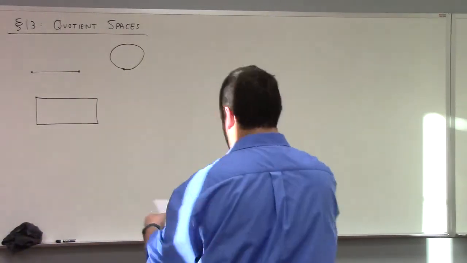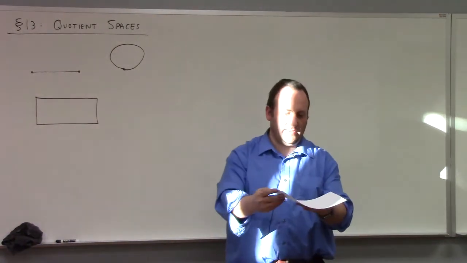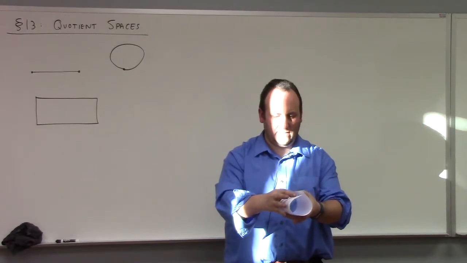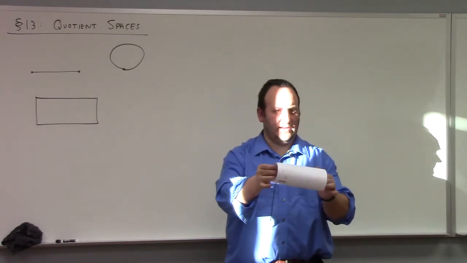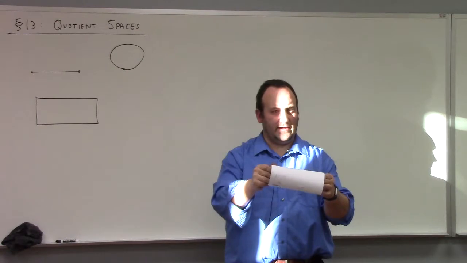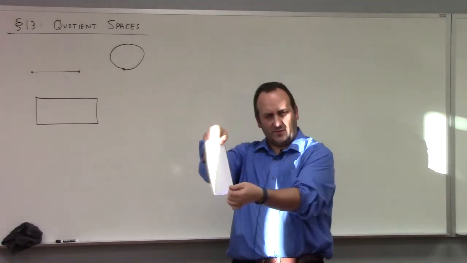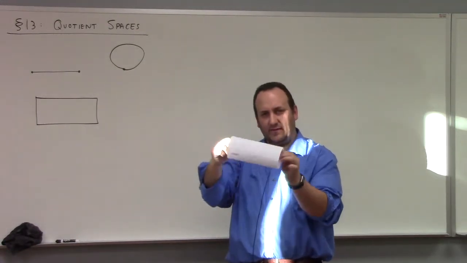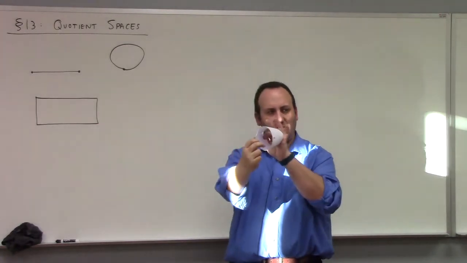We could attach one end to the other. If we could identify the points at one side and another as being the same point, then this would be an example of a quotient.